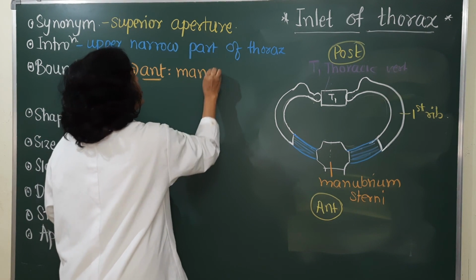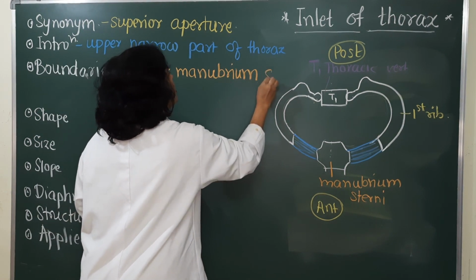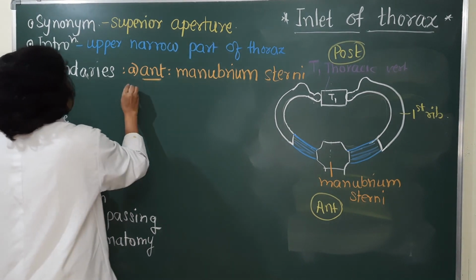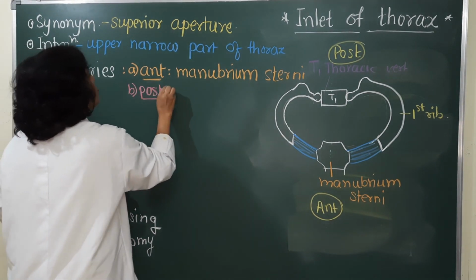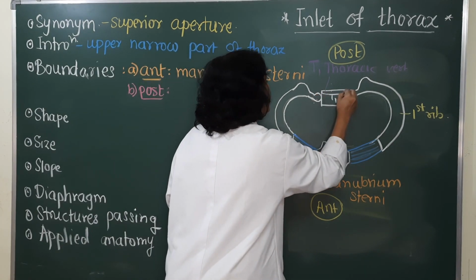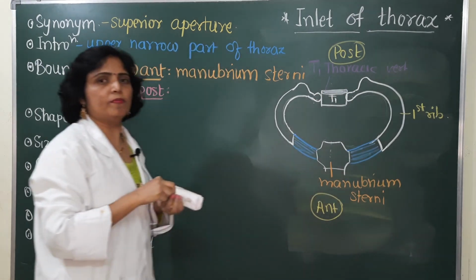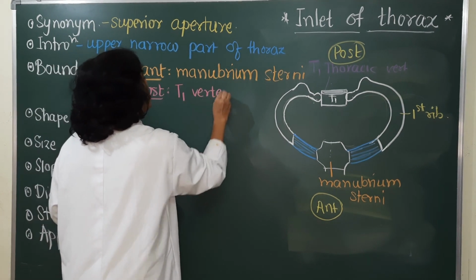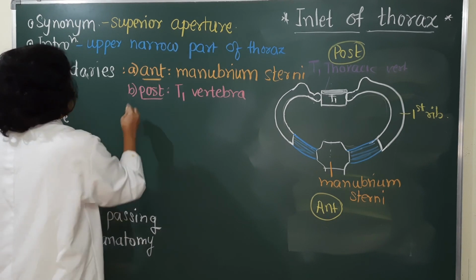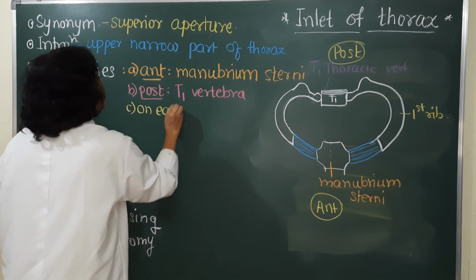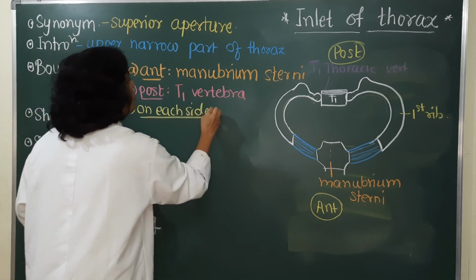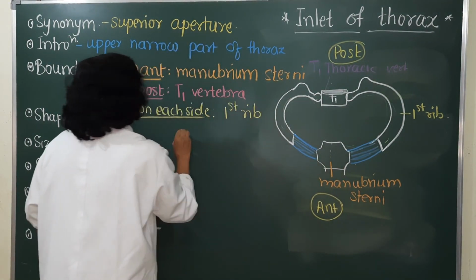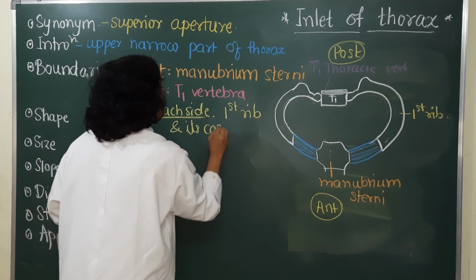Posteriorly it is bounded by the superior surface of the first thoracic vertebra, and on each side it is bounded by the first rib and its costal cartilage.